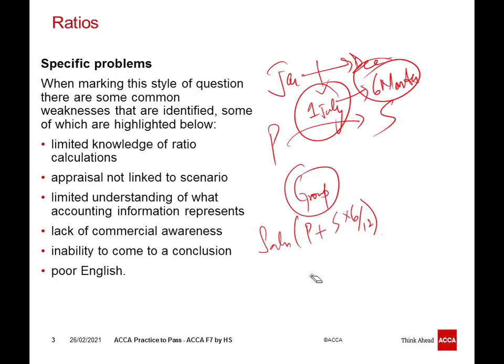So there are ratios related to the income statement and the balance sheet. But when we do the balance sheet, we never do proportionate consolidation. So the balance sheet figures will be reported at full amounts, but the income statement figures are reported for 6 months. For example, take debtors turnover.